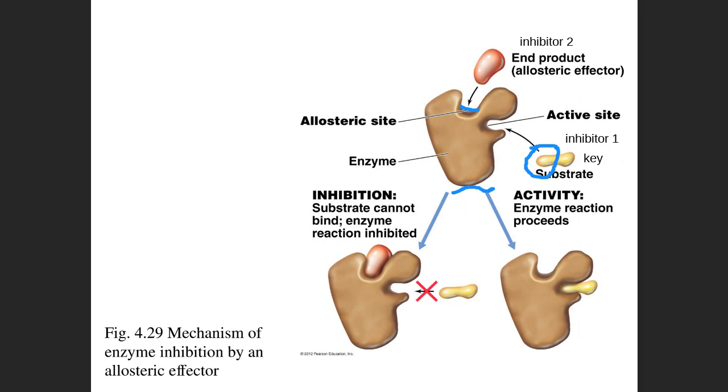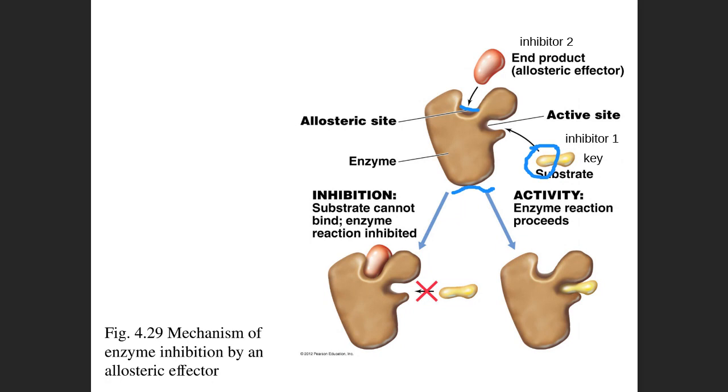This will be a very important concept. The key and the lock is a typical way of thinking about this. But if you think of the enzyme as a foam, a flexible sponge, maybe I'll say it a different way: this is a jigsaw puzzle, and this is made of foam.